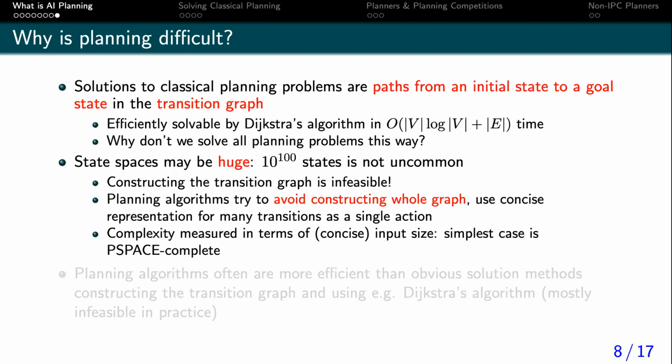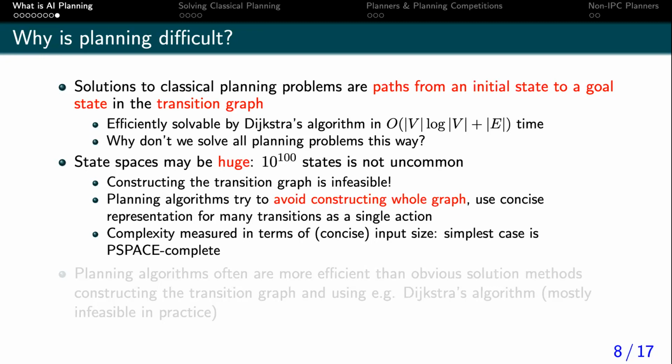Planning algorithms work with the planning task representation in STRIPS and measure the complexity in terms of the size of that representation. Even for the simplest computational problem of agile classical planning, when you just need to find any solution with no requirements on its quality, the complexity is PSPACE-complete.